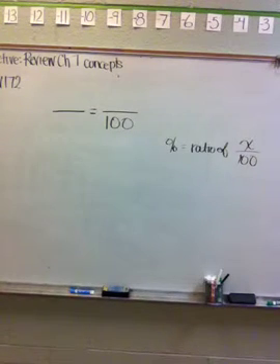All right, so what are you going to do here? Libby? It's 6 over 20. Okay, 6 over 20 equals x over 100. Cross multiply.